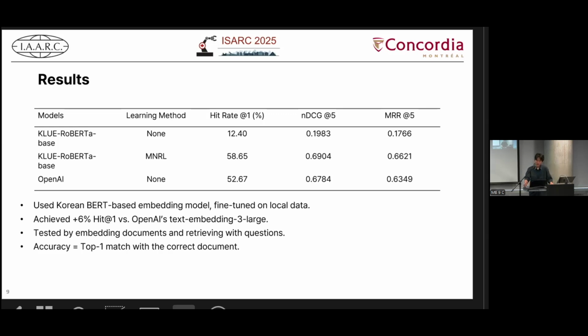These metrics provide a score between 0 and 1, and higher values indicate better performance. Unlike hit rate, which only checks whether the correct document is retrieved, NDCG and MRR consider multiple retrieved documents and take their ranking positions into account. This allows for a more detailed evaluation of how well the system retrieves relevant documents.